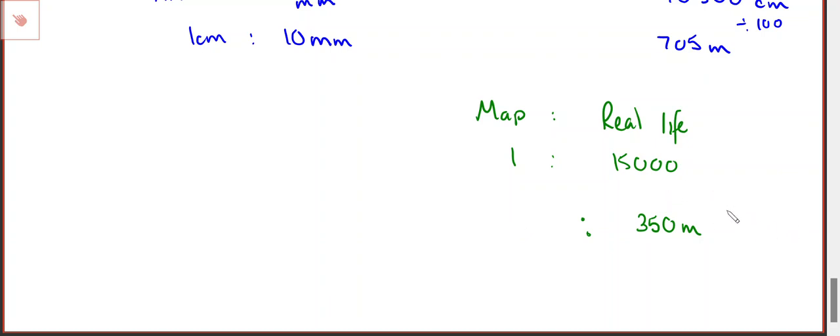Well, the question is, what do you divide by to get from there to there? Or you can think of the other way. What do you times by to get from there to there? So 350 times what gives me 15,000 to use our ratios?